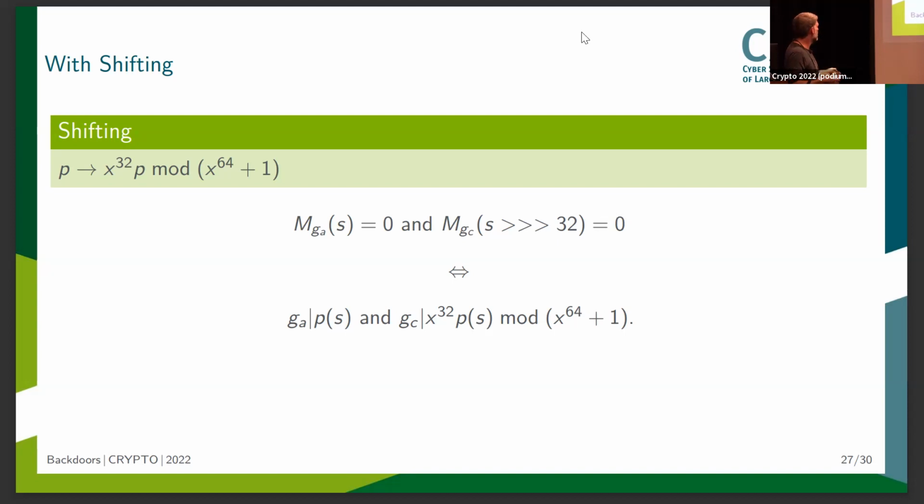And now you do again the same conversion with the link I explained to the polynomials. So now this means that the first polynomial has to divide this P of S, and the second polynomial has to divide this rotated polynomial. And now there's no obvious link, because with respect to factorization, this polynomial and this polynomial behave independently.